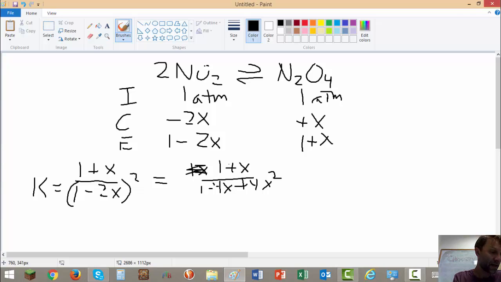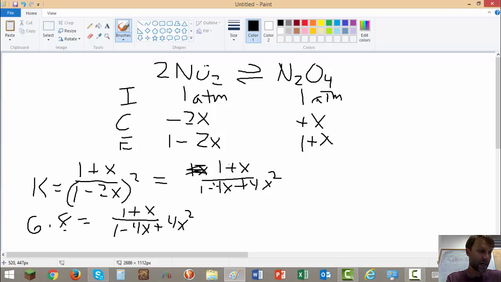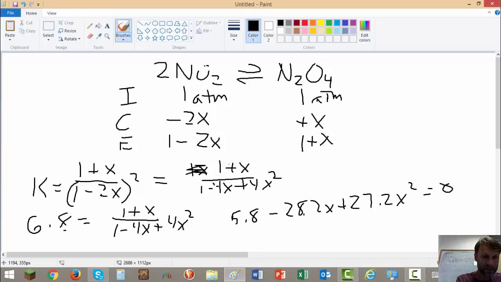And when we set that equal to the value that we found, we get 6.8 equals 1 plus X over 1 minus 4X plus 4X squared. And we get an expression of 5.8 minus 28.2X plus 27.2X squared equals 0.